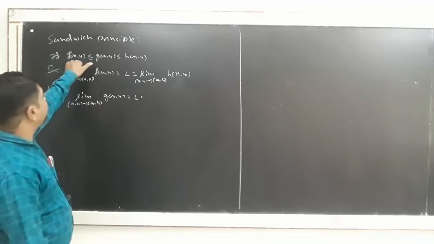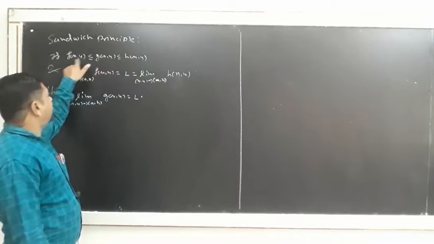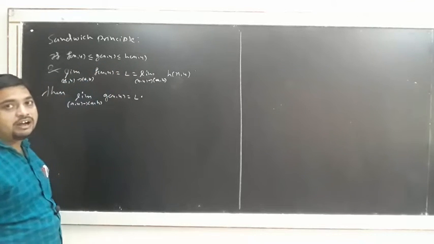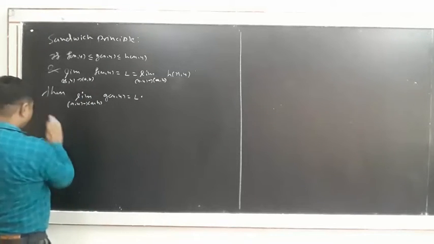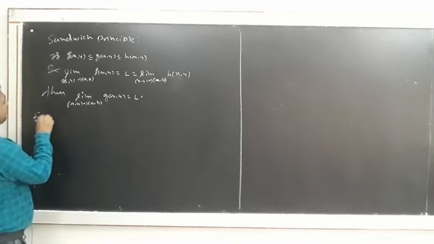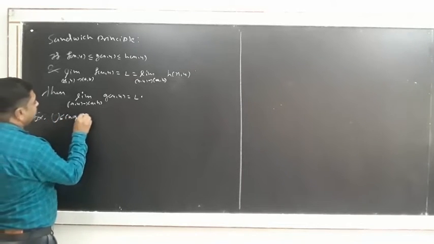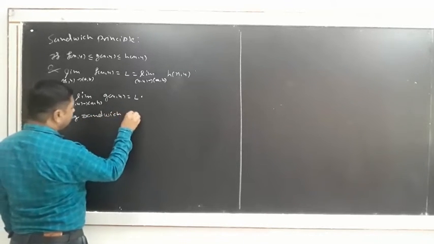That is, if there are functions like this, and the outer two functions have the same limit, then the middle function must have the same limit. Okay. So take an example using the sandwich principle.